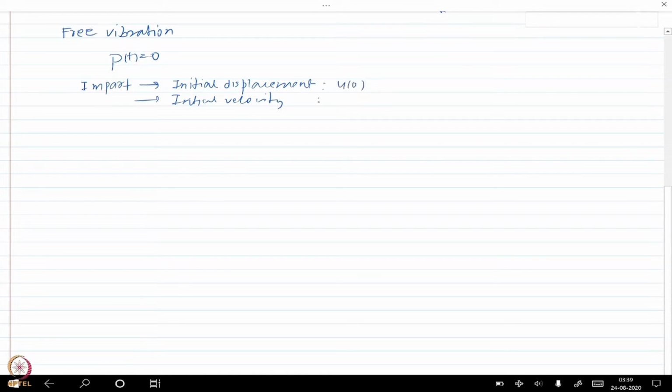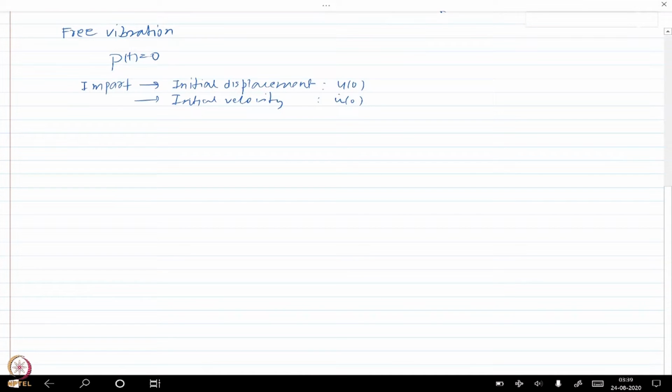To start a free vibration, we impart either initial displacement to the system, or initial velocity. Initial displacement means u0, or initial velocity would mean u dot 0.